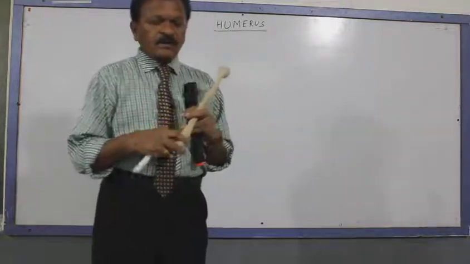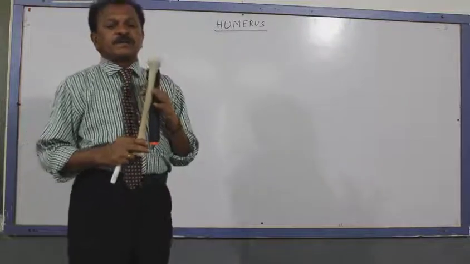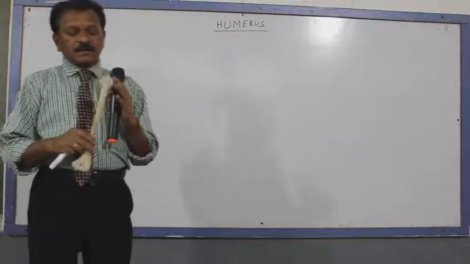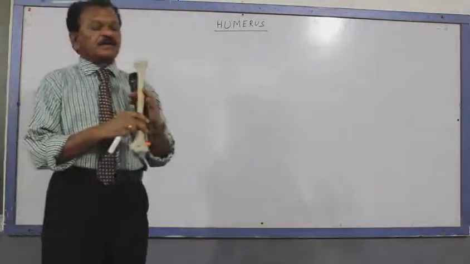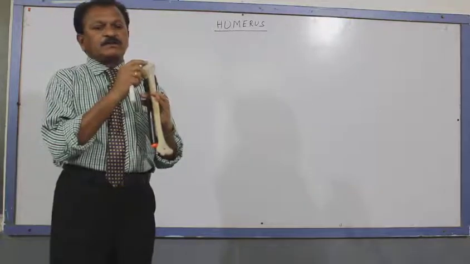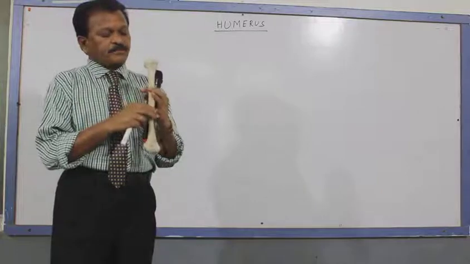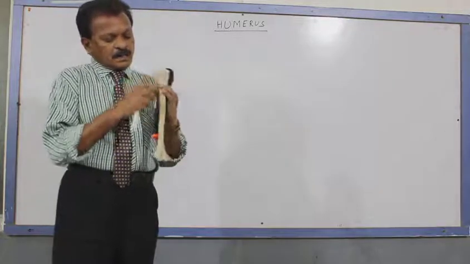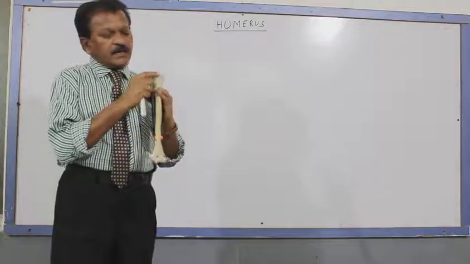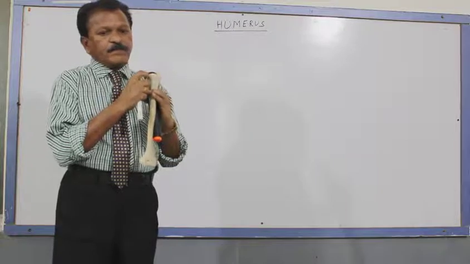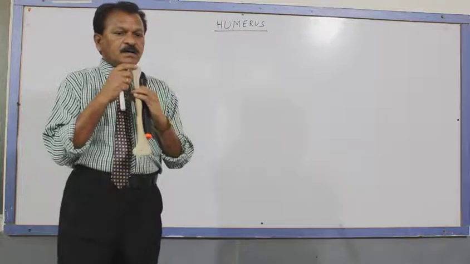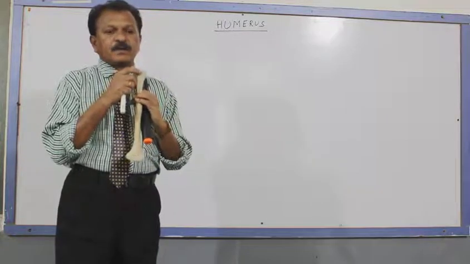Here, first we have to discuss the side determination. The head is projected upwards, slightly backwards and medially. Here there is an elevated bony part, and this is called the lesser tubercle.